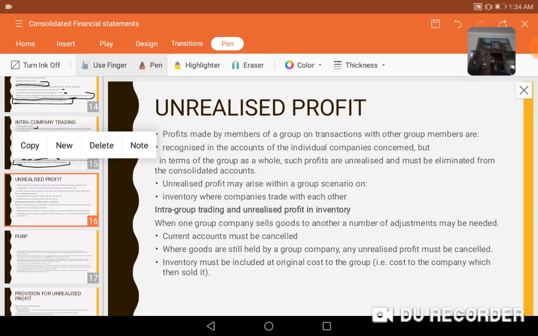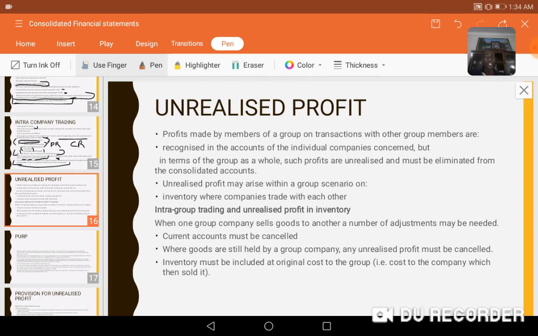Unrealized profit occurs when there is a transaction or transactions between the group members, or within the group, and those goods are still within the group.